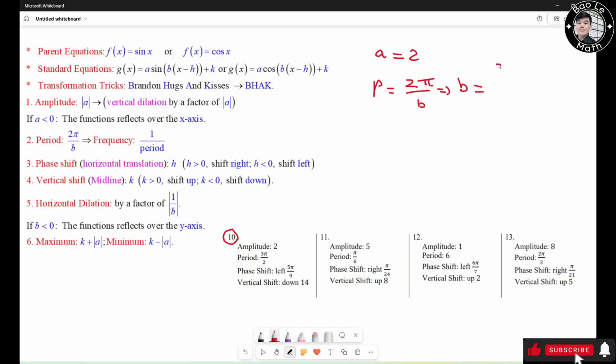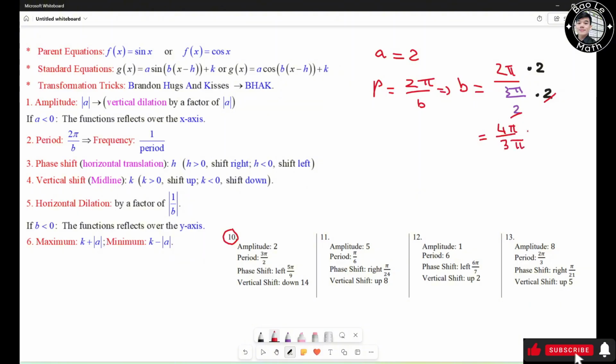So b equals 2 pi divided by period, but period equals 3 pi over 2, right? So I divide by 3 pi over 2, right? Now, in order to simplify this one, I multiply the top and bottom by 2, right? So then, this guy and this guy right here cancel out, right? So the top should be 4 pi, right? The bottom it should be 3 pi.